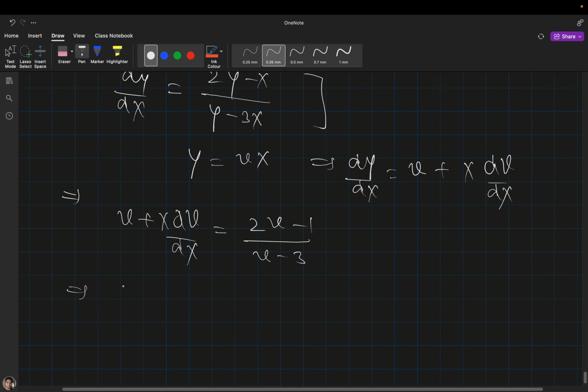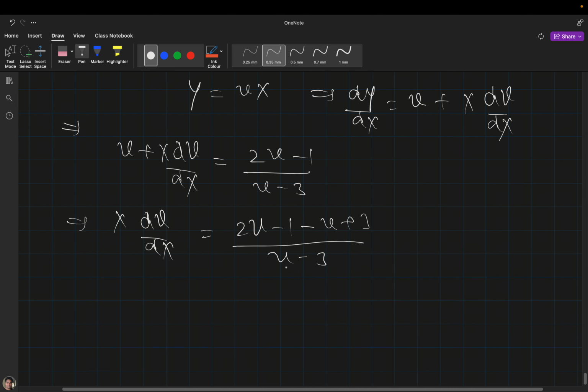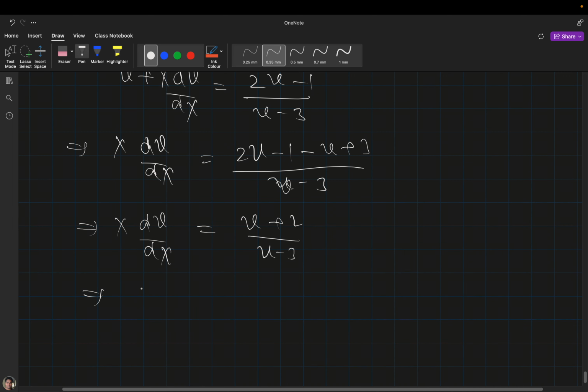Okay, then you will get x dv by dx equal to (2v minus 1) divided by (v minus 3) minus v, that is 2v minus 1 minus v squared plus 3v, over v minus 3. This will be v plus 2, and this will be v minus 3. Then it will be (v minus 3) divided by (v plus 2) dv equal to dx by x.